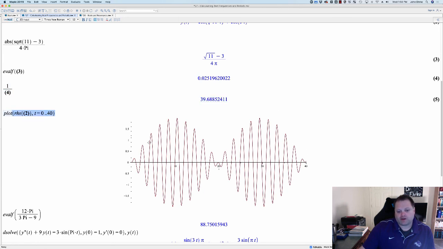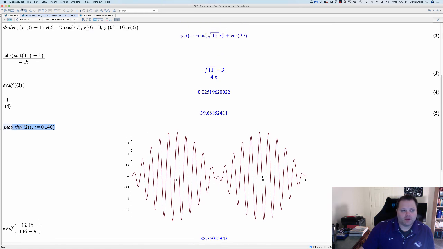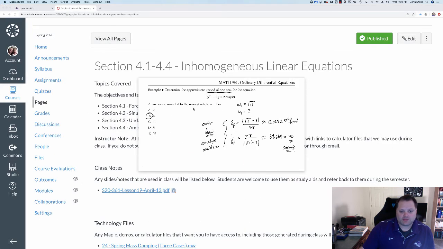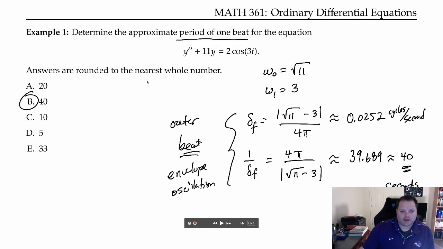And you can see the graph bears it out, right? If you look at this envelope, it completes one oscillation in about 40 seconds, just under 39.689. So that's what we just calculated was the beat period, or the period of this envelope to the rapid frequencies that are occurring here.